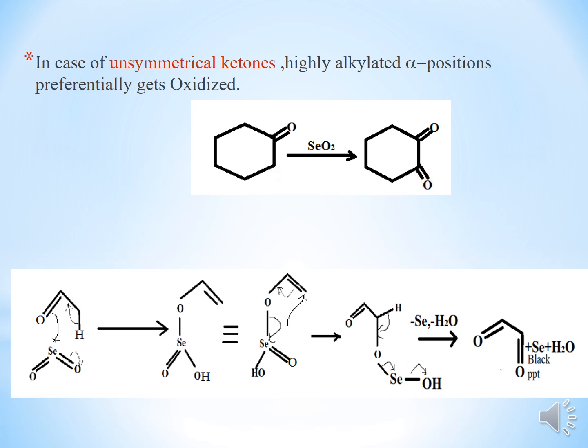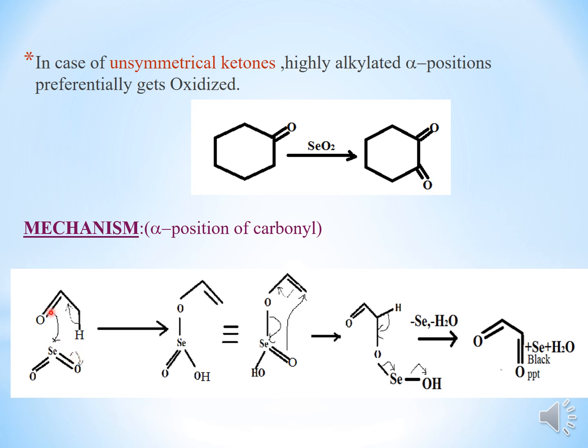Then moving on to the mechanism: how the alpha position of the carbonyl compound gets affected. If you take this carbonyl CH3 and the CH aldehyde group, this bond shifts over here, and then this again shifts.